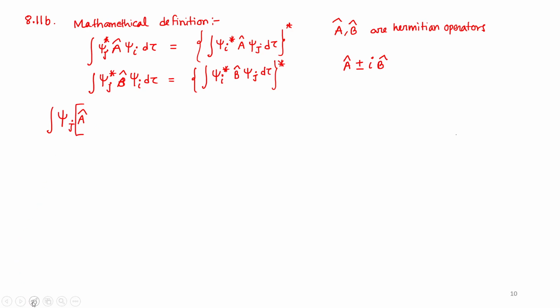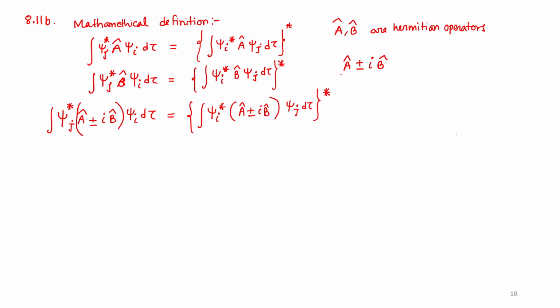I should not use the triple bracket because that confuses us with the commutator, so we just use the first bracket, A plus minus iB. I am performing both linear combinations together. So the integral of psi j star (A plus minus iB) psi i d tau should equal the integral of psi i star (A plus minus iB) psi j d tau.